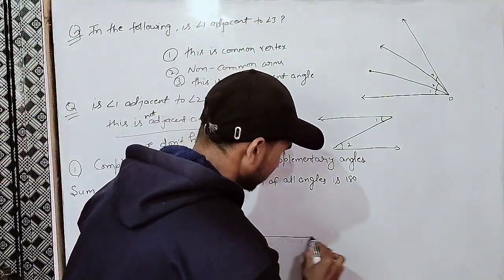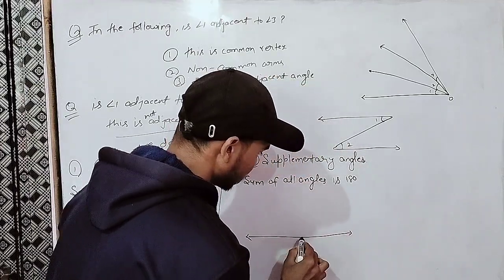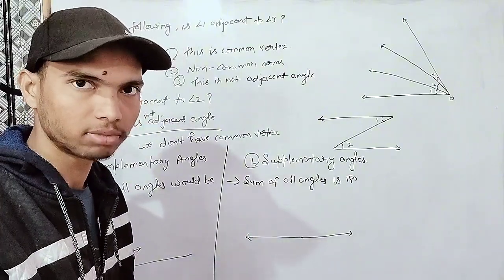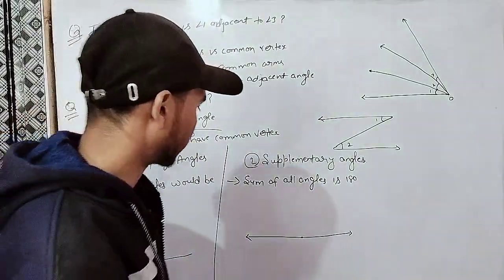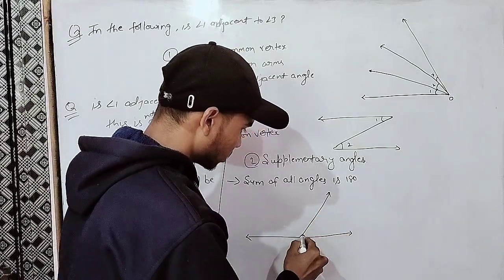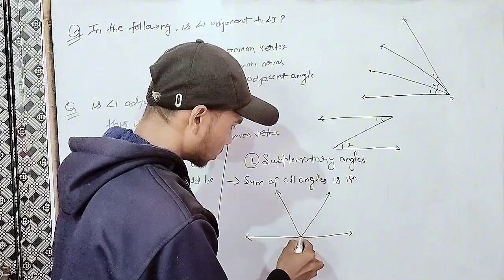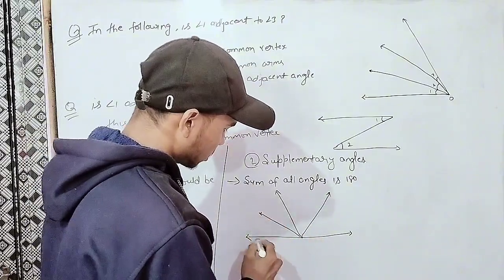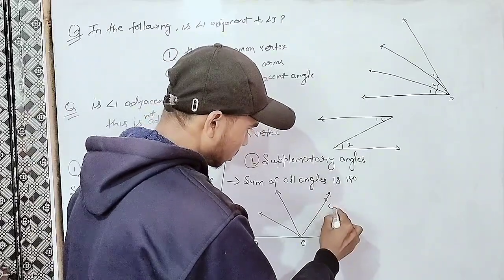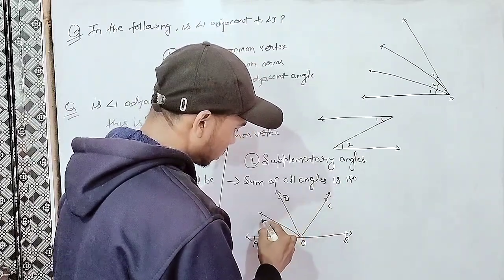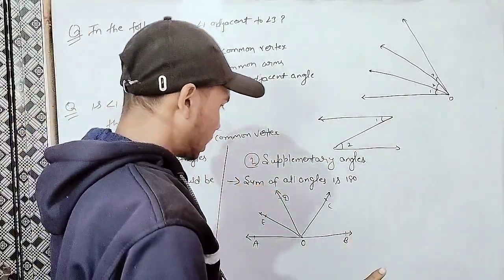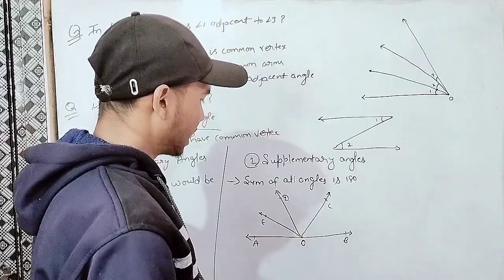Let's make it clear. This is 180 degree. Am I right or not? This is 180 degree, and it is also called a straight angle. So here we have how much? Let's see. This is O, this is A, this is B, this is C, this is D, and this is E. Let's try to identify how many angles we have.